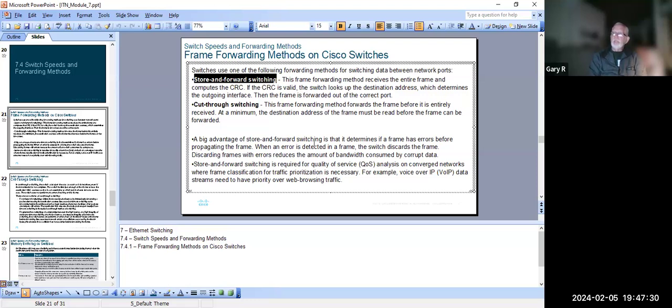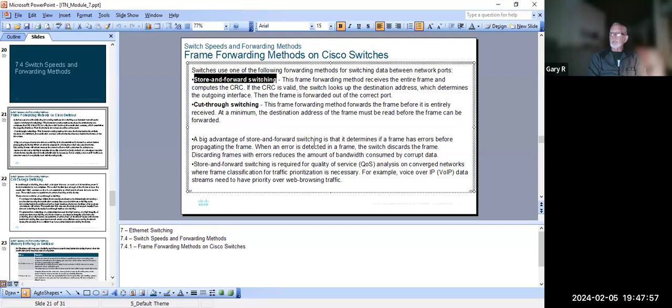When the receiver receives the frame, they perform the same computation on the same portion of the frame that you did, and then they check and see if they came up with the same value that you put into the frame check sequence. And if the values match, then the receiver assumes that the frame arrived intact.